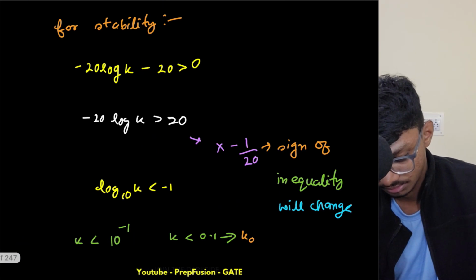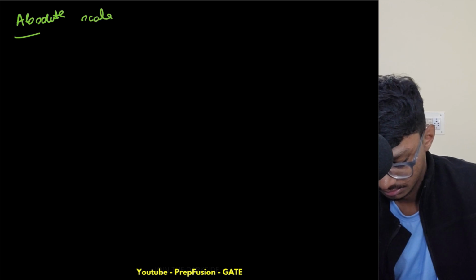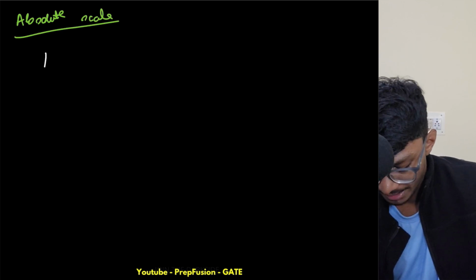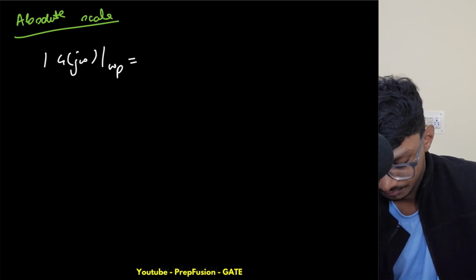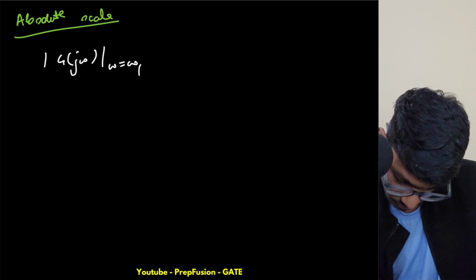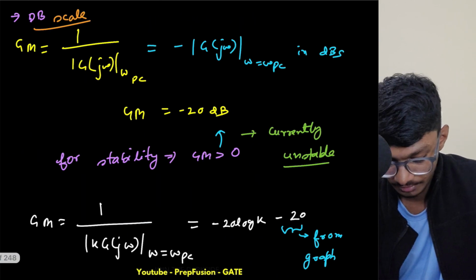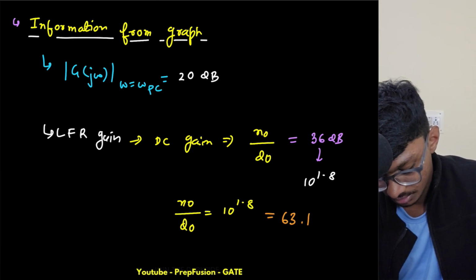So in absolute scale, what is happening? Magnitude of g of j omega at omega equals omega p, we already know. What is it? It is simply 20 dB.